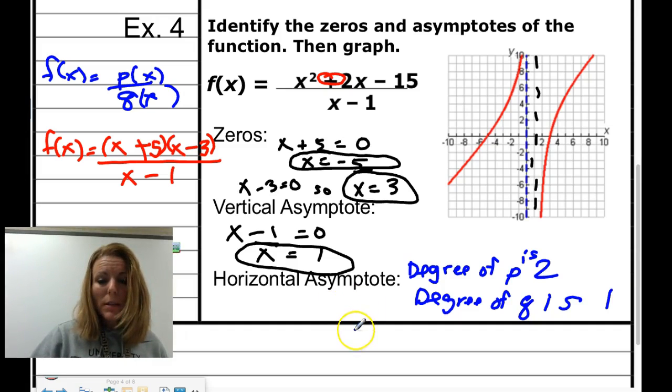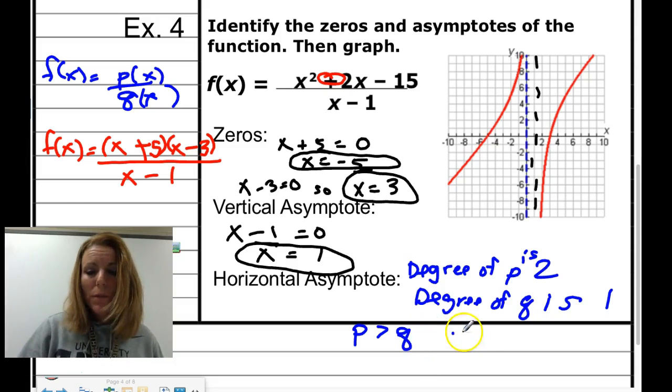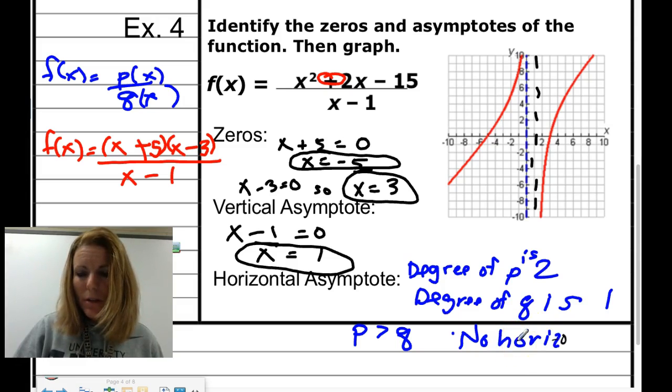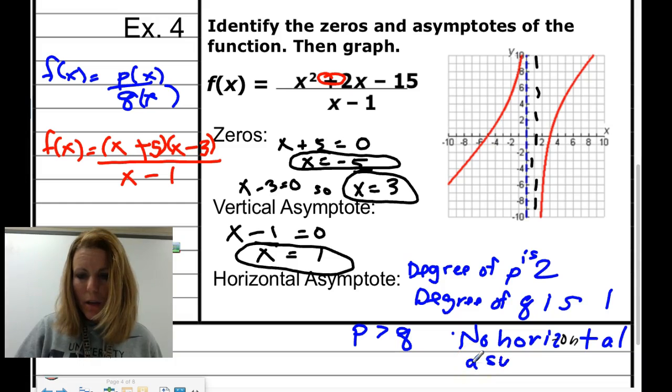So because the degree of P is greater than the degree of Q, remember when P is greater than Q, there is no horizontal asymptote.